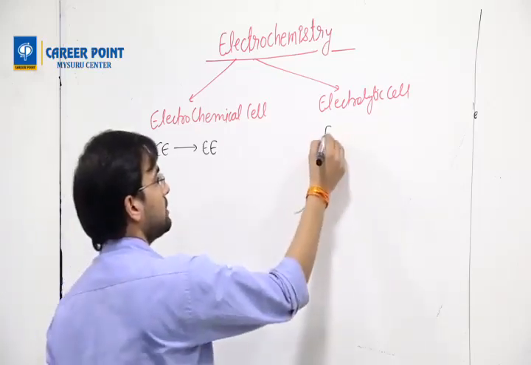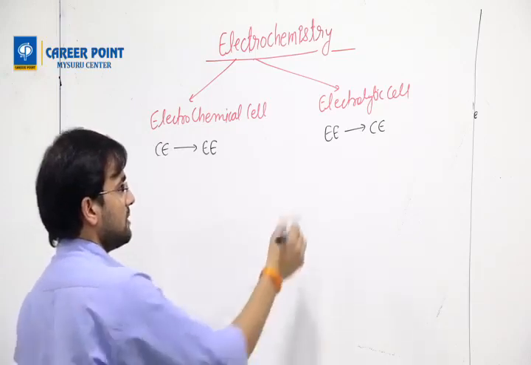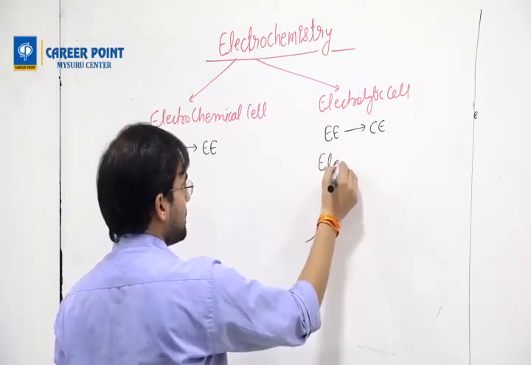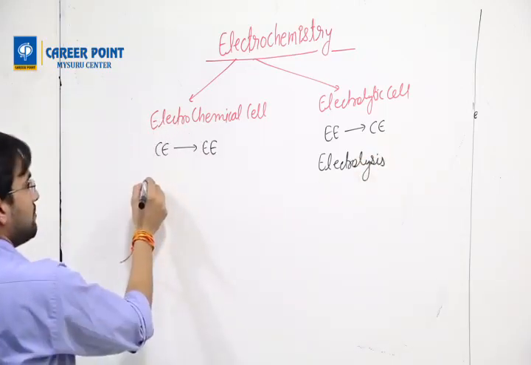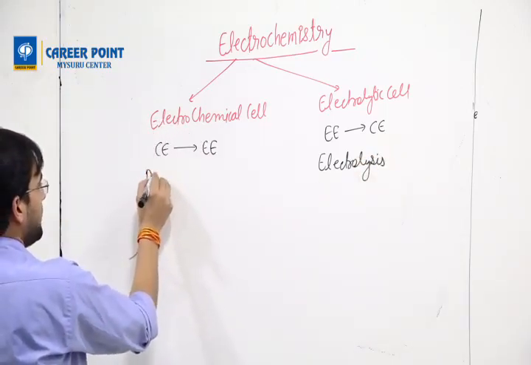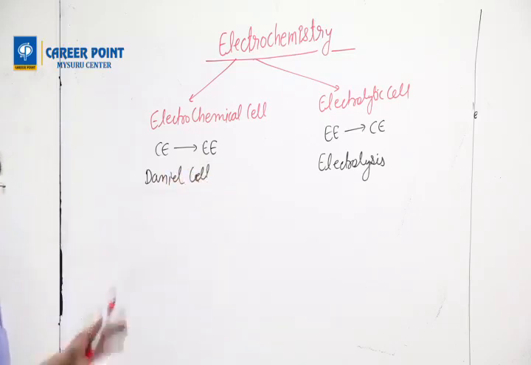In electrolytic cell, electric energy is converted into chemical energy. Example could be electrolysis. Example could be here as Daniell cell. Okay.